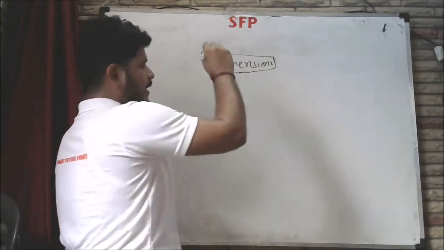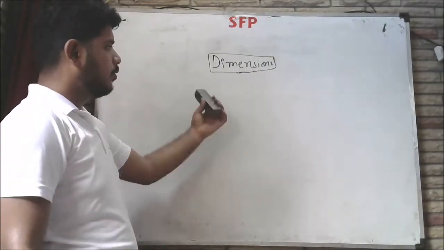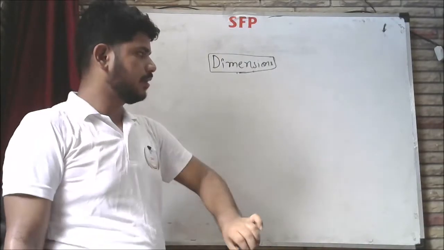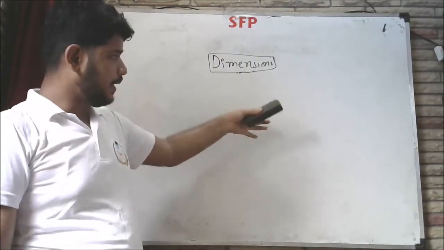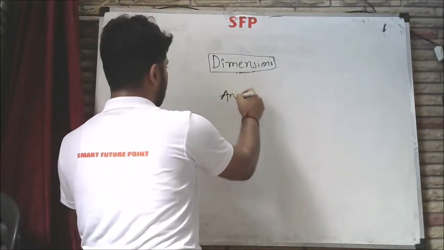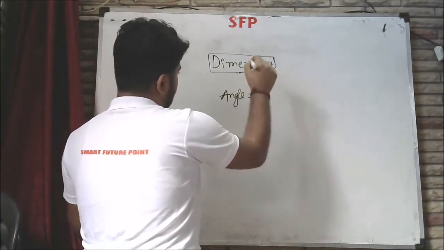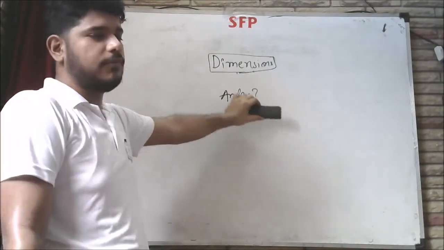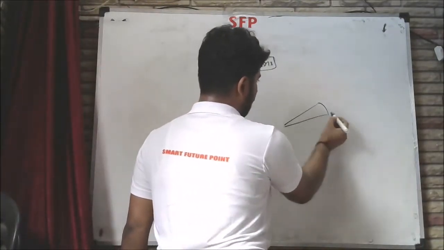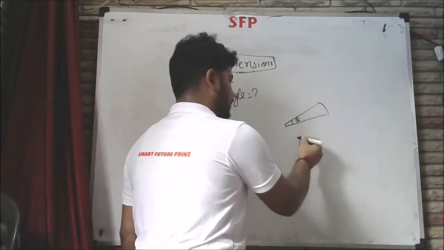I have given you the main concept or idea about how to find the dimensions. You can find the dimensions for any physical quantity, but there are some quantities that have no dimension. For example, if I say angle, what is the formula for angle? In class 10th mathematics, you must have studied this.